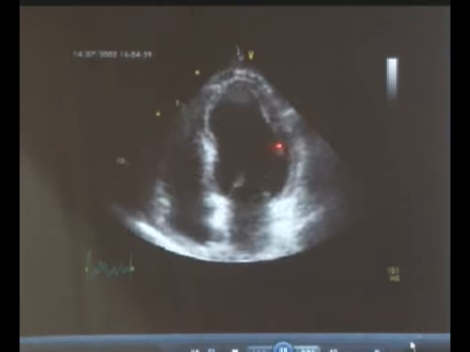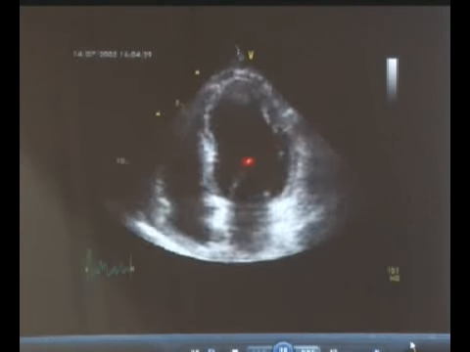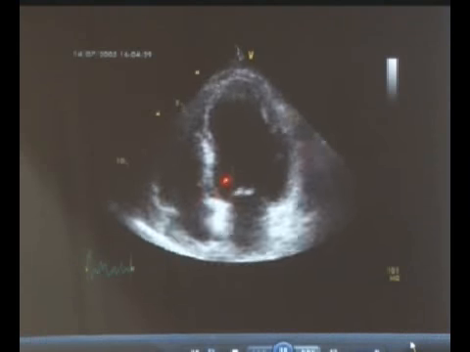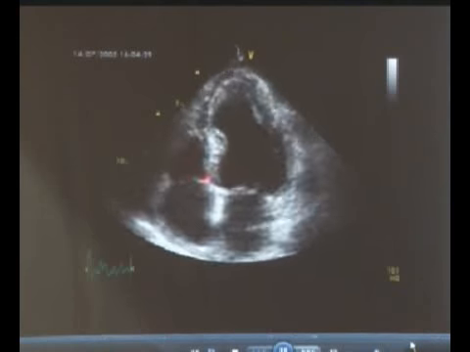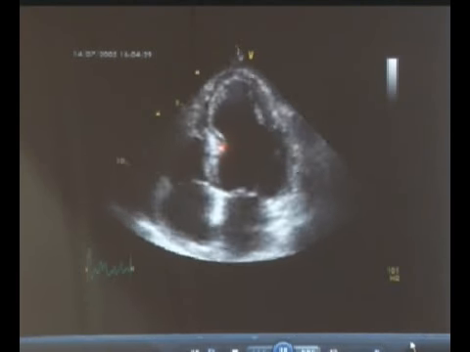And how about this basal lateral wall? Again looks hypokinetic. Basal mid inferior basal septum appears hypokinetic, but this is normokinetic because this appears to be hyperkinetic.